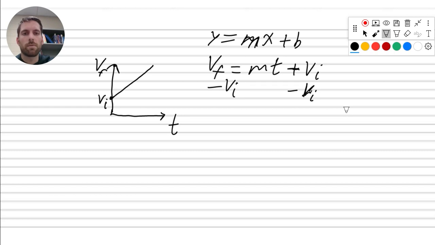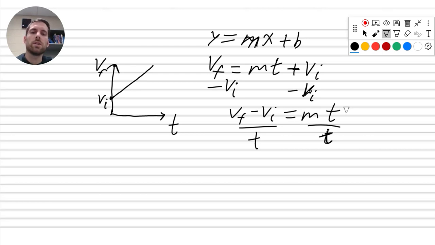We'll get some rise over run. So vf minus vi equals mt, divided by t on both sides. We're going to get the definition of acceleration, in fact. Because acceleration is some change in velocity over some time period, which is what we have.